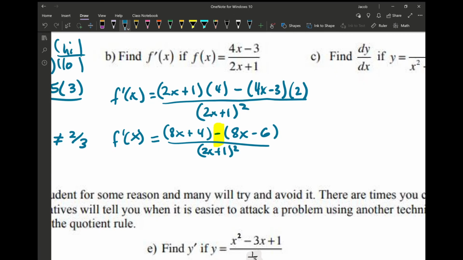So I'm going to end up with 8x minus 8x. Get rid of these parentheses. I'll just distribute that negative then, plus. And so that's just 10 on the numerator. Yay! So that's it. That one's not so bad to simplify.